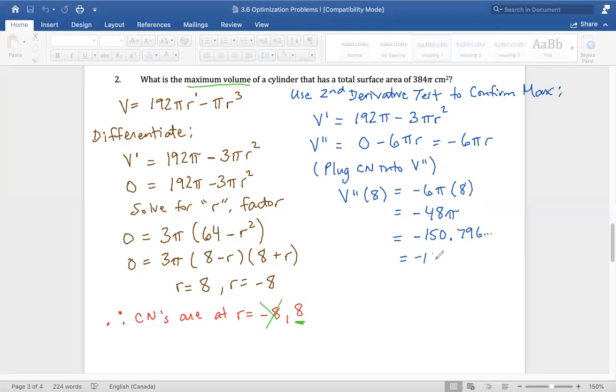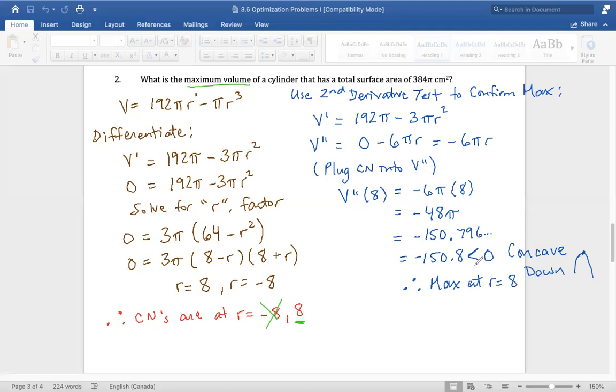So negative 150.8, let's say. And all we care about there is that it's a negative number, really, right? That it's less than 0. So because it's less than 0, I'm going concave down with a frown. Concave down with a frown, which means I have a max. So that confirms that I have a max, right? So therefore I do have a maximum at a radius of positive 8.